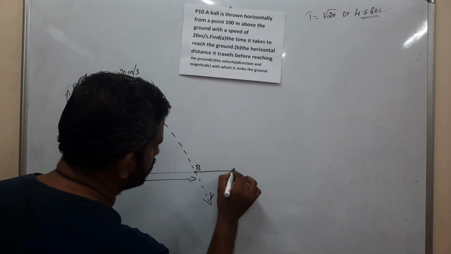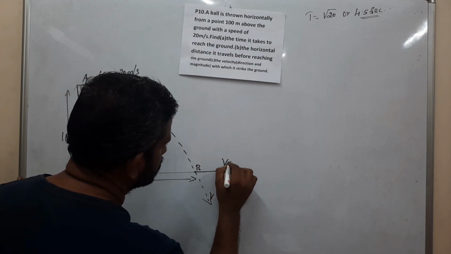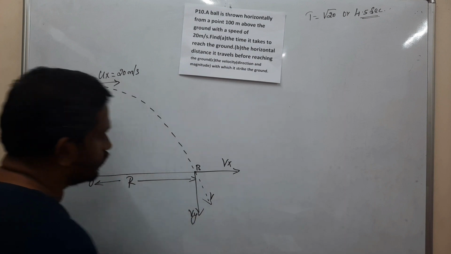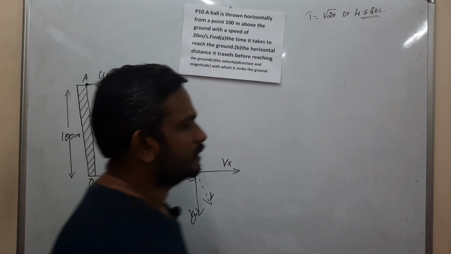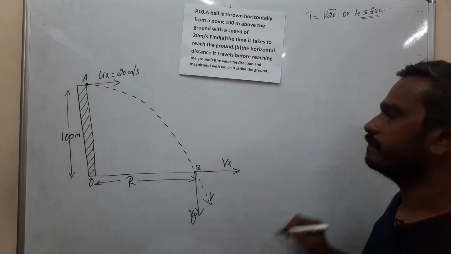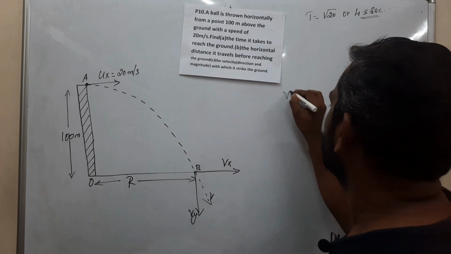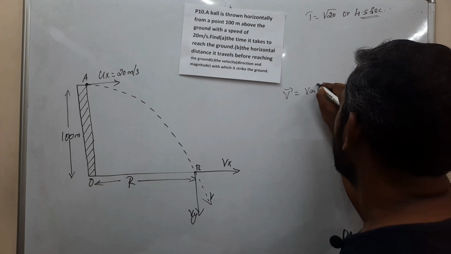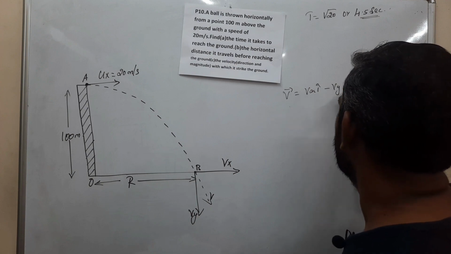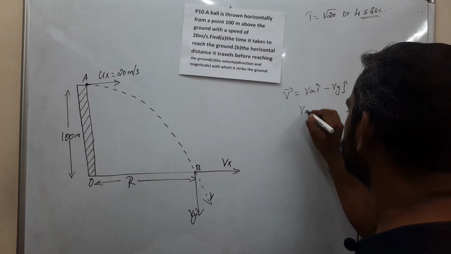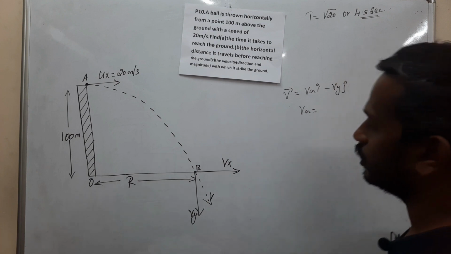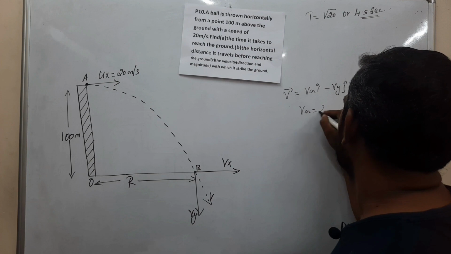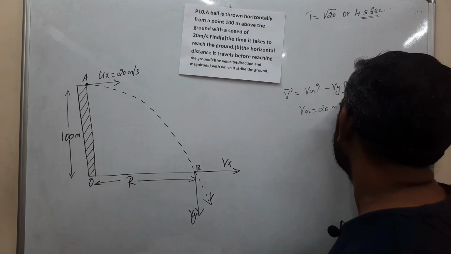It has two components, that is vx and this component, that is vy. So the velocity, we can write v vector is equal to vx i cap minus vy j cap. What is vx? Vx equal to 20 meter per second.